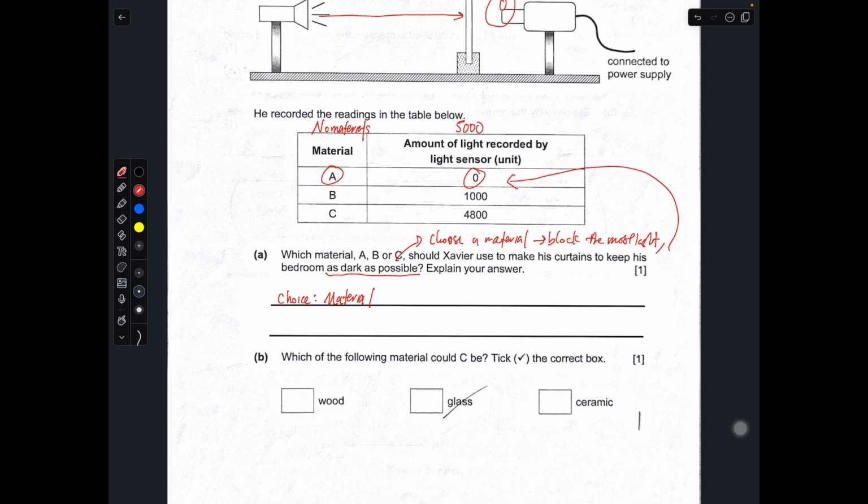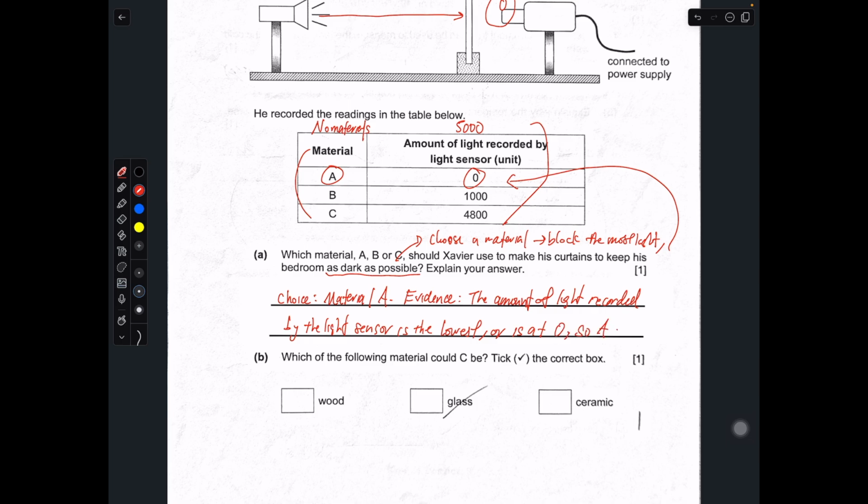Material A. I'll quote evidence. Okay, the evidence, I'll use the table. So I'll say the amount of light recorded by the light sensor is the lowest, or is at 0.